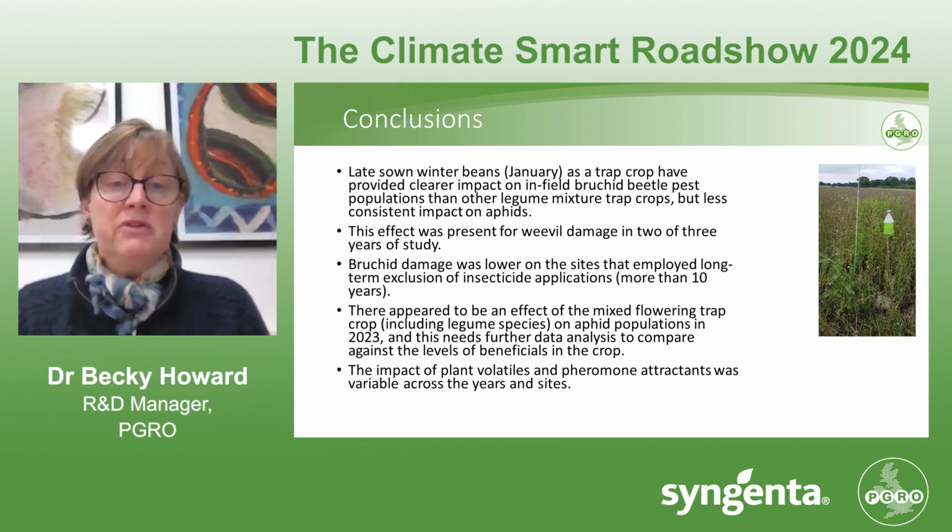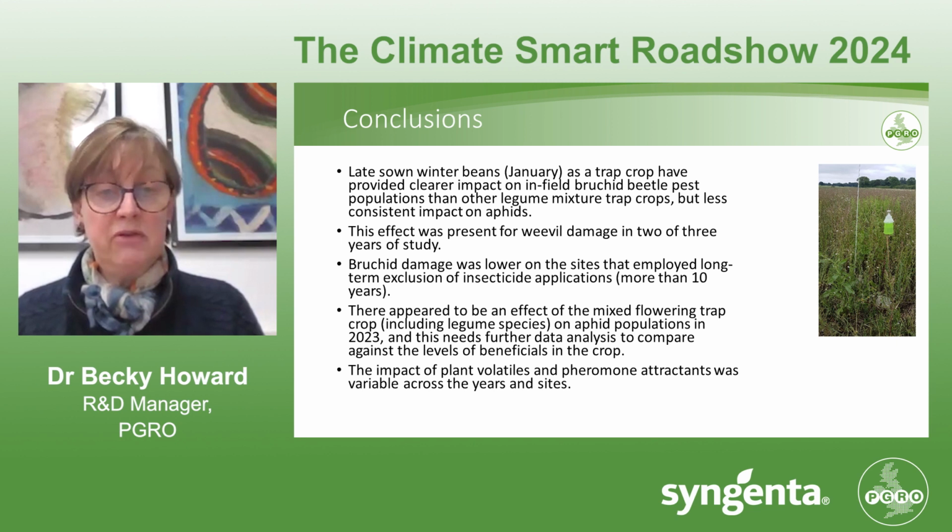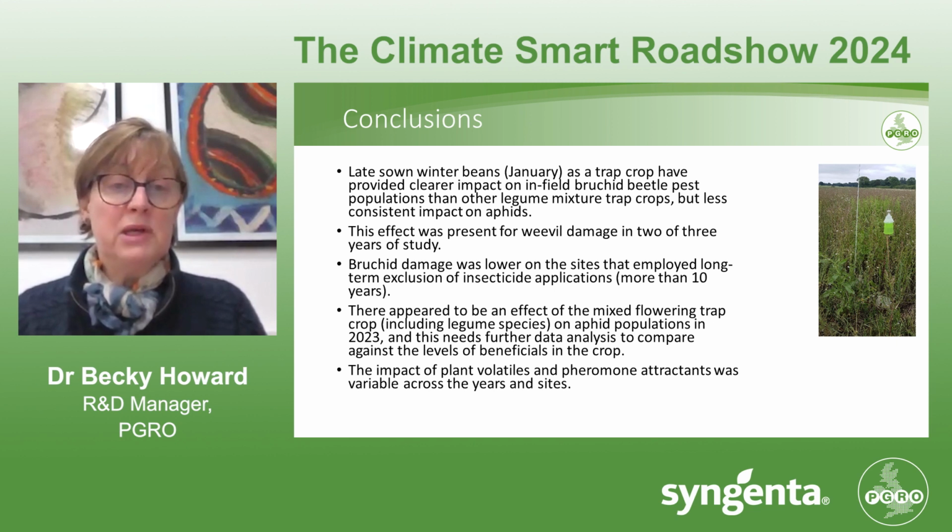And there does appear to be an effect of a mixed flowering trap crop on aphid populations, which we know is true from previous projects that we've worked on with other organisations where we have flowering species in perennial field margins or trap crops. We do see an impact on aphid populations closer to the margin or the trap crop.